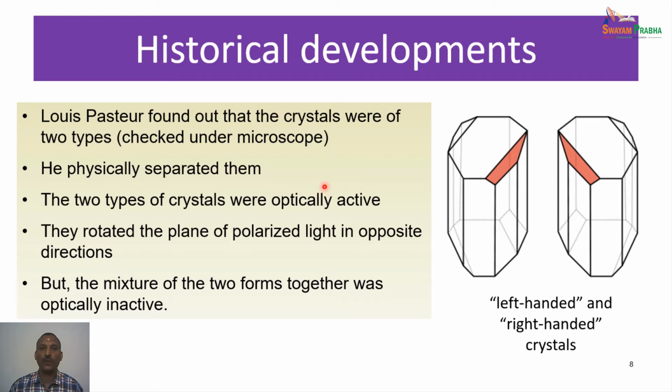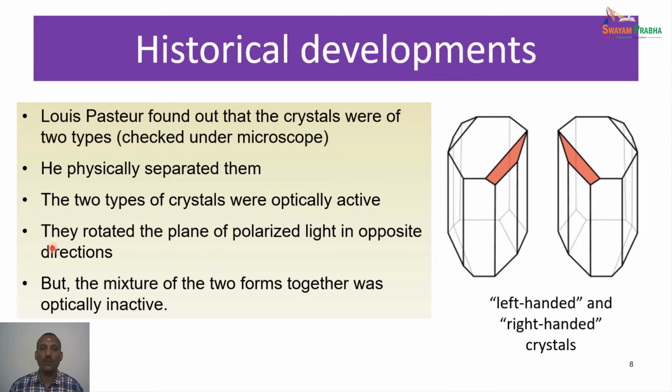He first painstakingly identified each crystal and separated the left-handed crystals separately and the right-handed crystals separately, and he took one of the crystalline substances and studied its optical activity, and found out that both the crystals were individually optically active.